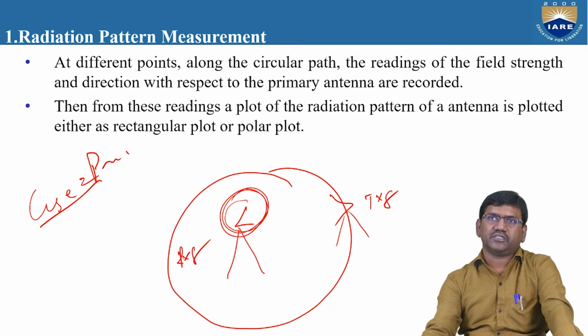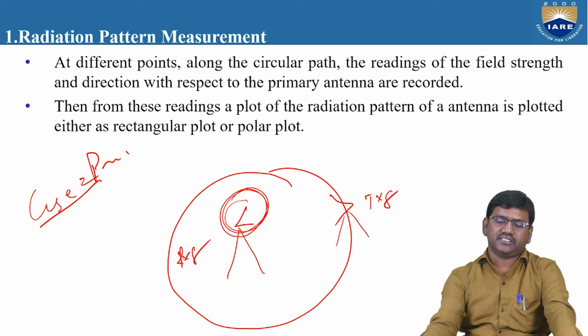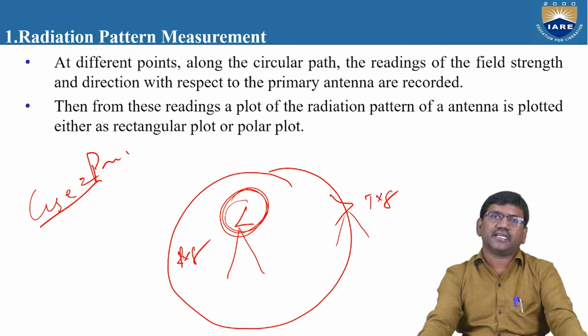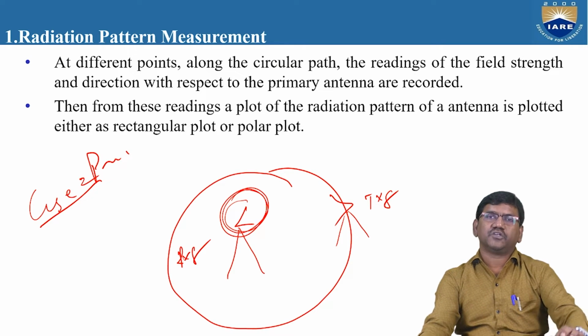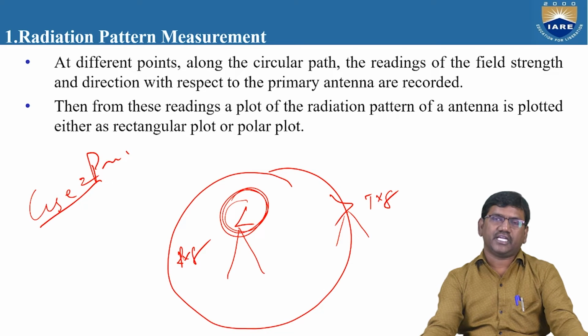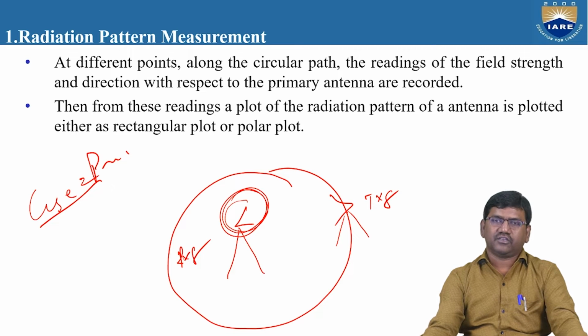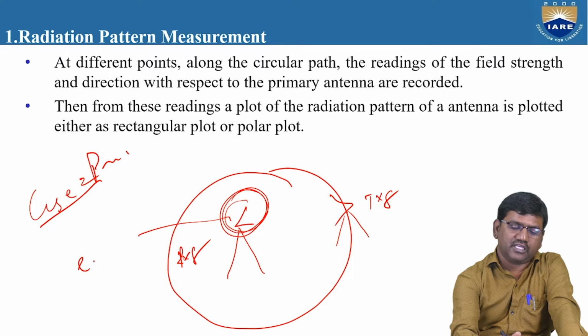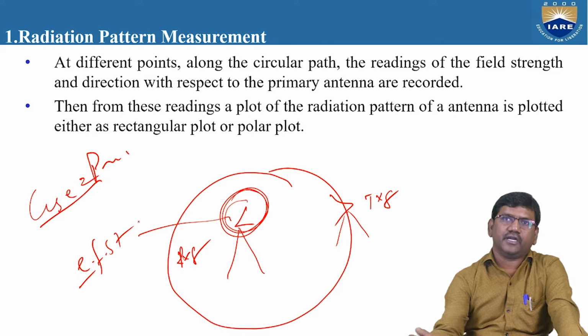So when the antenna is rotating, we need to record all the field strength observed by the receiving antenna. The transmitting antenna signal is aimed and directed towards the receiving antenna, but the antenna is rotating in clockwise direction. So we need to record all the electric field strength points.